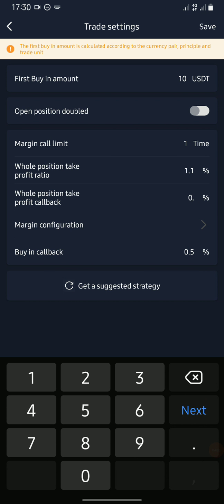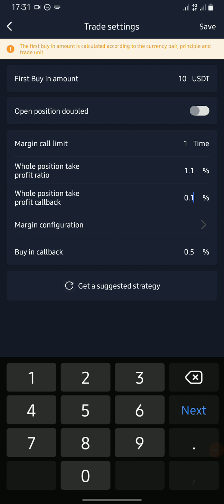1.3, 0.3 is fine. But my own reason is because I understand that whatever coin I'm trading, if it rises above 1.1%, the robot is so intelligent that it will go and take the profit at that height. It will not take only 1.1%.